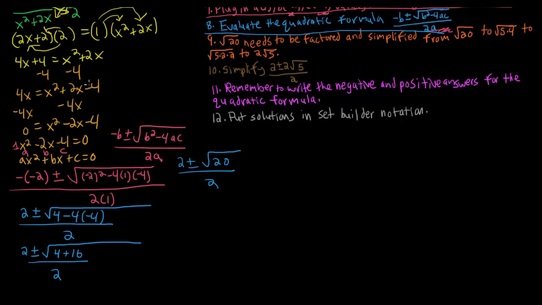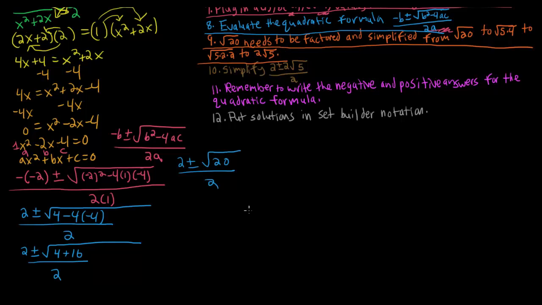And then for step 9, the root of 20 needs to be factored and simplified from root of 20 to root of 5 times 4, to root of 5 times 2 times 2, to 2 square root of 5.